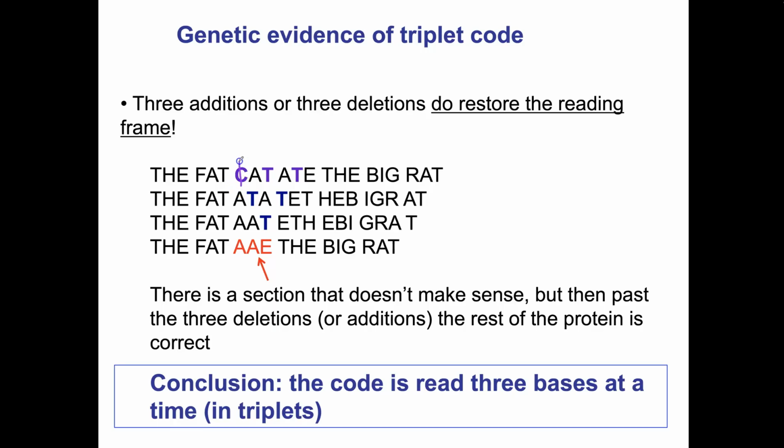So if we remove the C and then remove the A and then remove the T, again there's a mess between the first removal and the final removal. So that part is messed up, but we still have the correct amino acid information to either side of that. And so this is the evidence that was used, that the code was read 3 bases at a time.